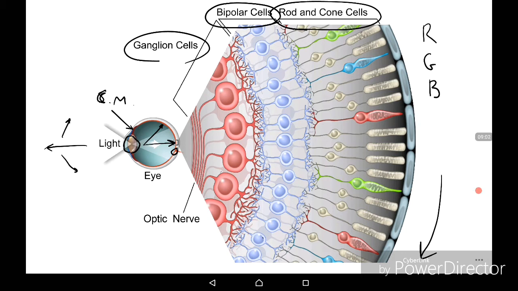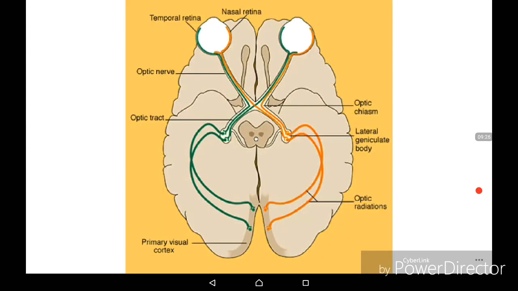When the ciliary muscle relaxes, the shape of the lens is less convex, and we may see far objects. So again, this is called accommodation of the eye.